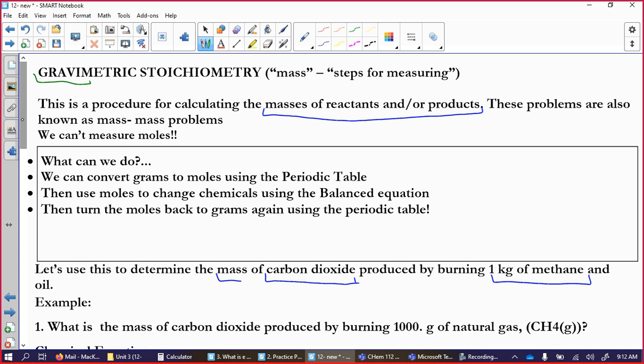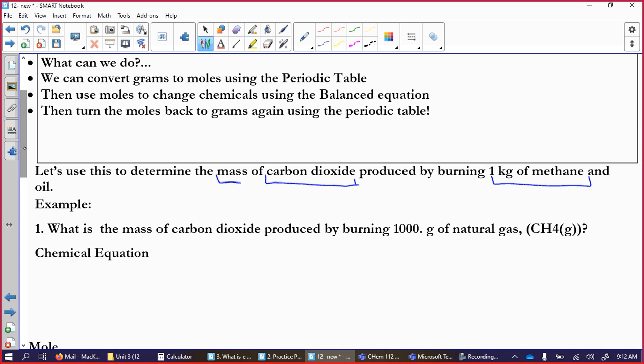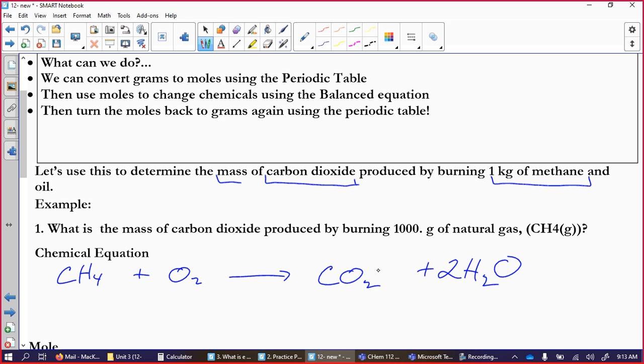When we have fuels, the first thing we need is an equation. So we're burning methane in oxygen, producing carbon dioxide and water. 1 and 1, 4 and 4, 2 plus 2 is 4.